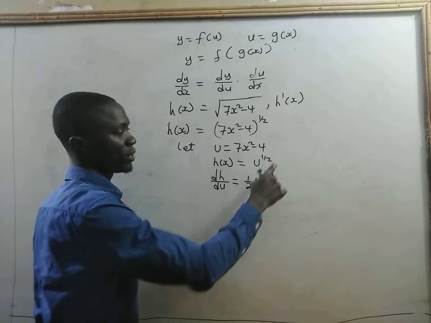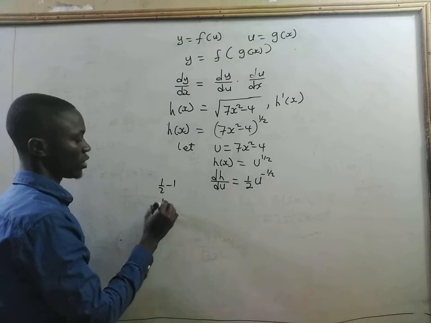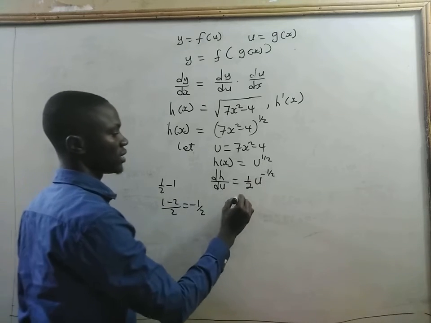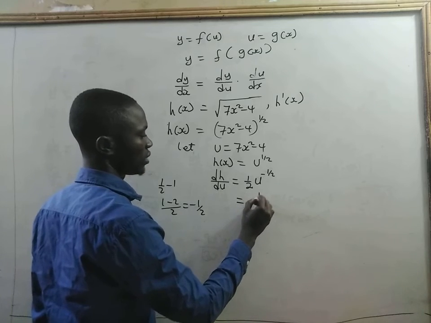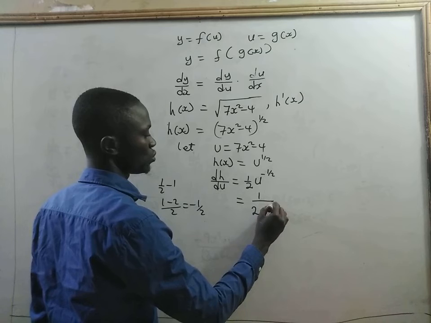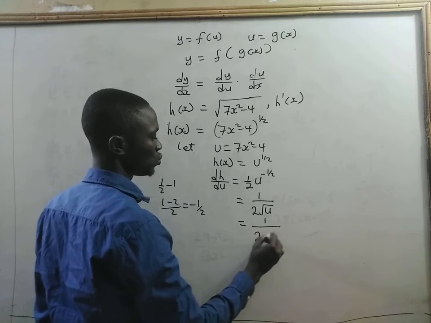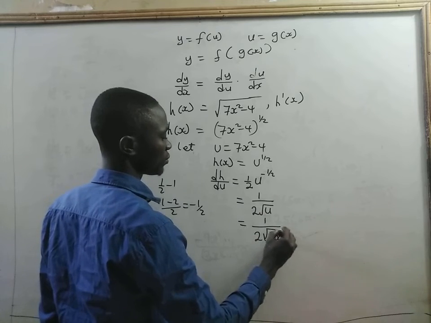You subtract 1 from this, you get this. That is half minus 1. I have 1 minus 2 on 2. That is minus 1 on 2. So this is the same as 1 on 2 root u, which is equal to 1 divided by 2 root (7x squared minus 4).